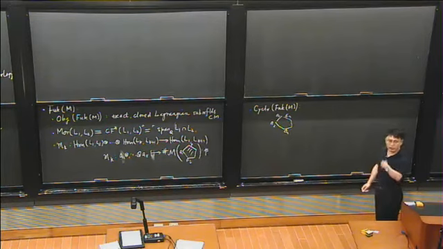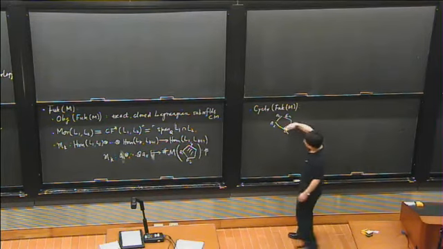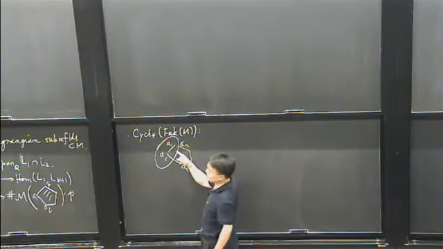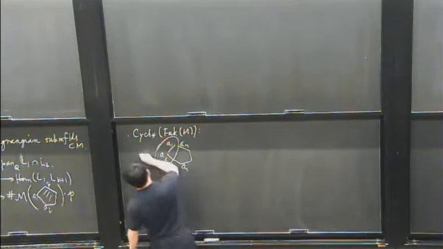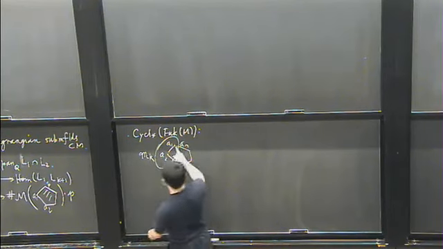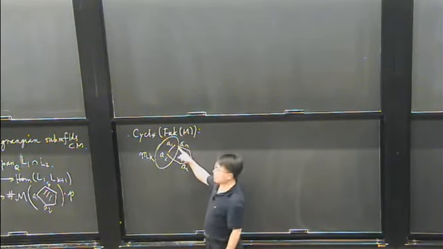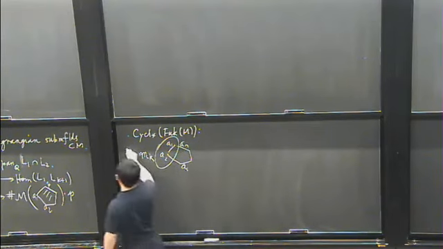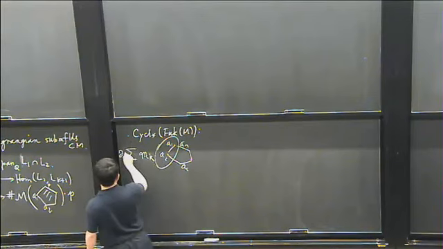Now the boundary operator on this element is just to take an arbitrary number of these elements and apply m_k. So suppose we have k elements here, and apply m_k on this cyclic word, and then we sum over all. So this is the boundary.